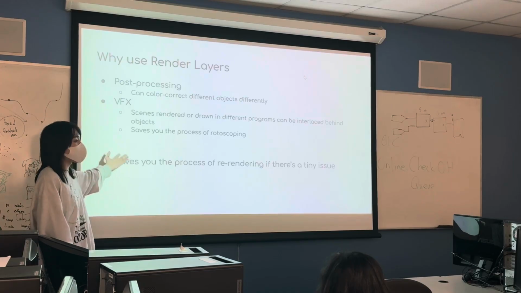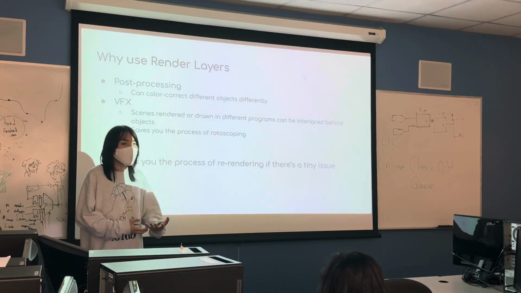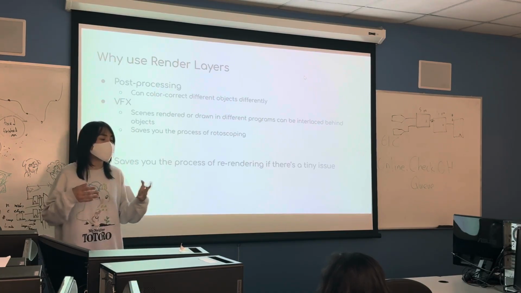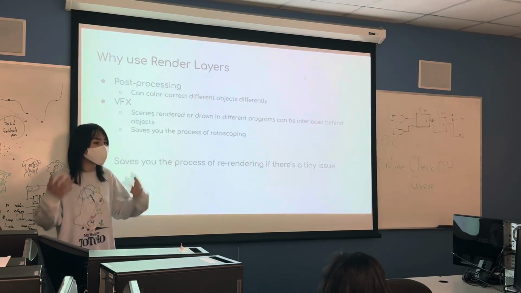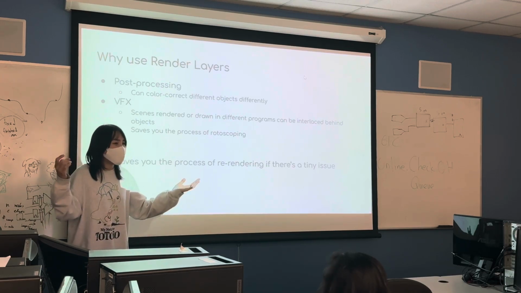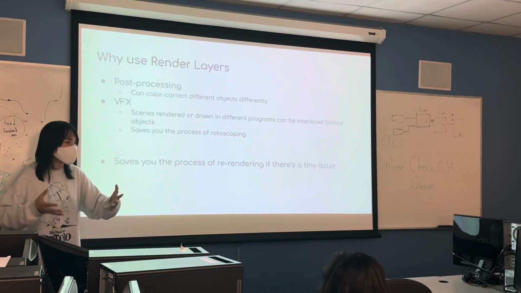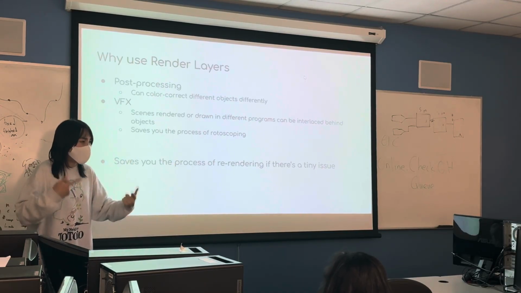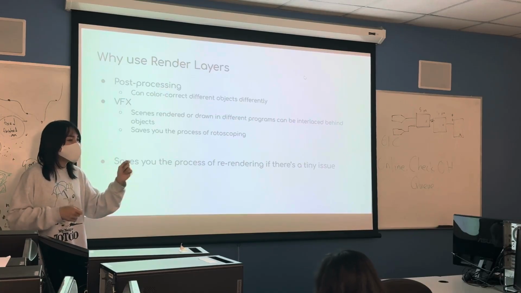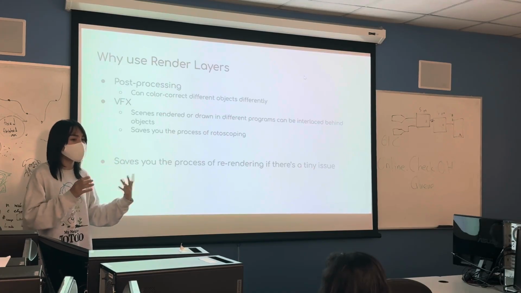Another thing is VFX. When you're working in a major studio, a lot of studios use many different software packages, and each software renders out an image in that software. For example, if I'm making an explosion in software like Houdini, I can't take that explosion, move it into Maya, and render it out in Maya to get one image. I need to be able to composite it together, because I'm using each software for its own very specialized needs.